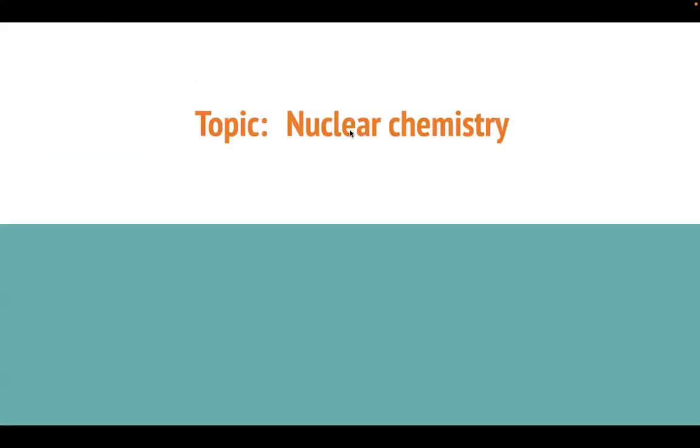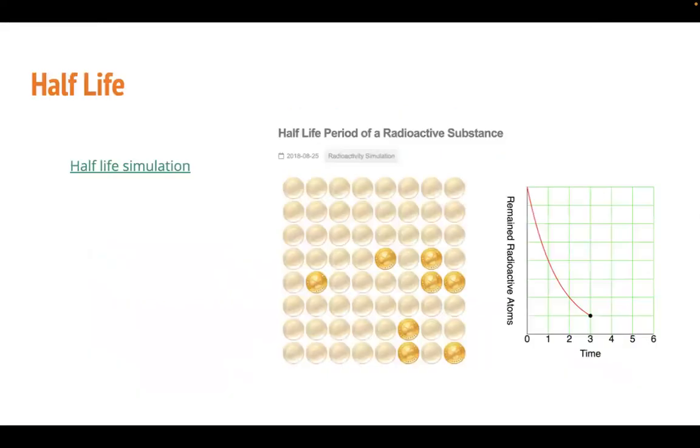So we're moving away from our amazing amount of gases Java labs over to our Java simulations for nuclear chemistry. Now I think there's only one that deals with this, but again, very simple.